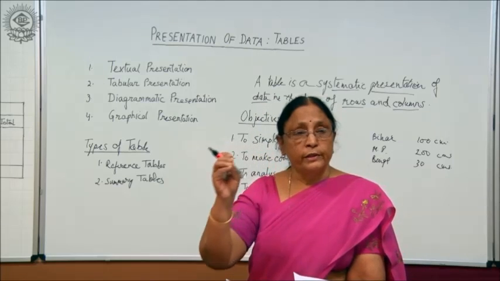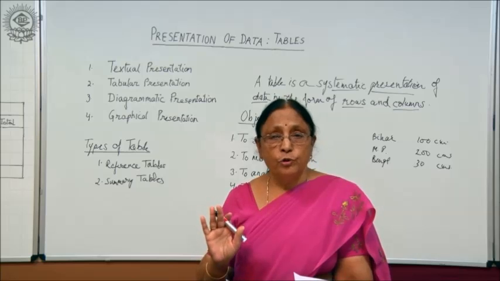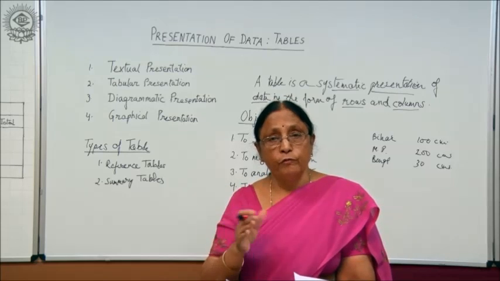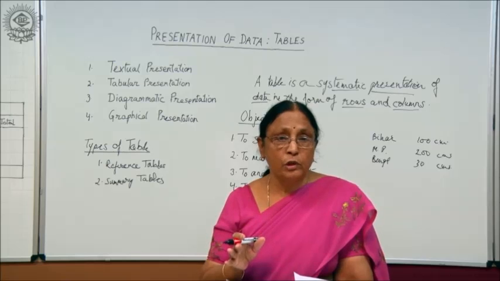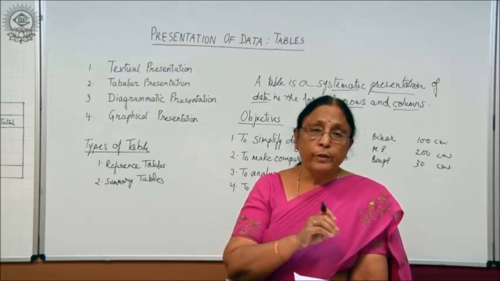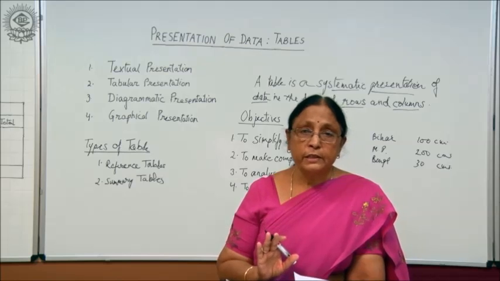Either you go and collect the data from each and every household in the nearby areas, or if you want to do the survey of the whole country, then it is tedious work. Then you have to appoint different people to gather the information in different states.